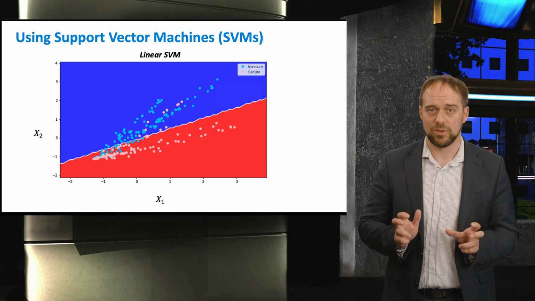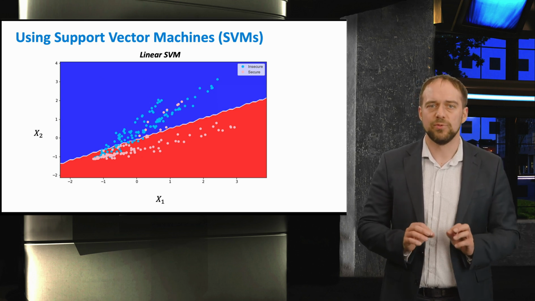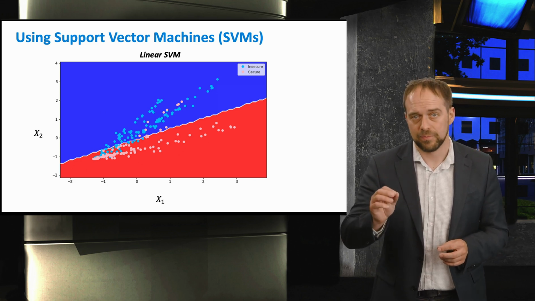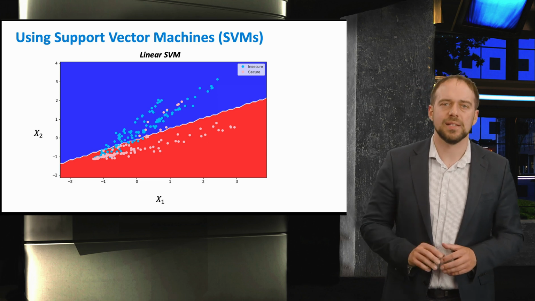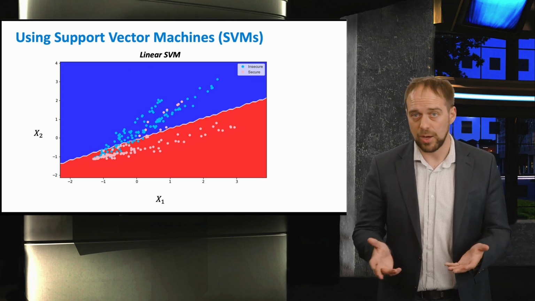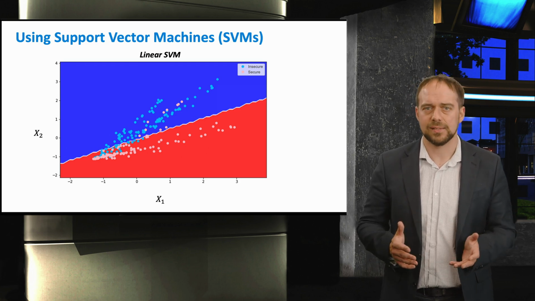The support vectors, the data points closest to the boundary, play a decisive role in determining the location of the hyperplane. Even in this simple example, SVMs provide a clean and interpretable boundary, which is very useful in security assessment tasks.